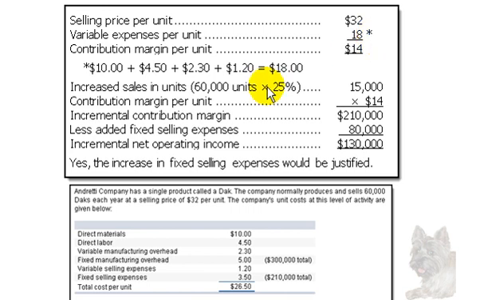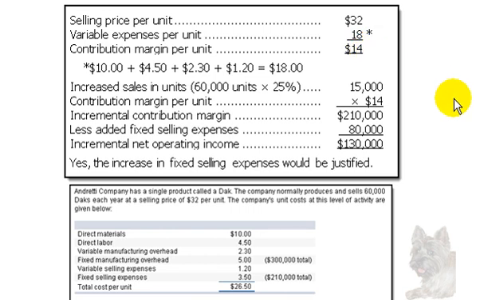Well, how do we come up with that? It's the sum of the $10, the $4.50, the $2.30, and the $1.20. Of these, the variable ones are $10 of direct materials, $4.50 of direct labor, $2.30 of variable manufacturing overhead, and $1.20 of variable selling expenses. So that's how we derive the contribution margin of $14 given right here.